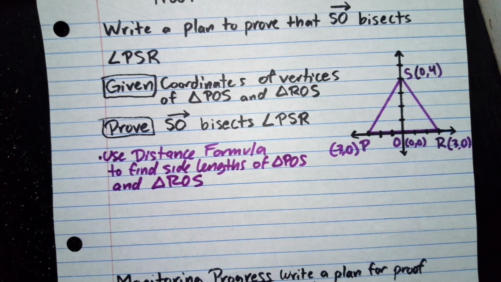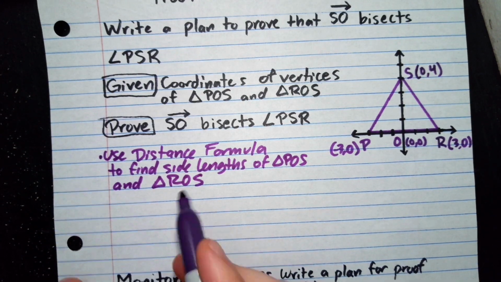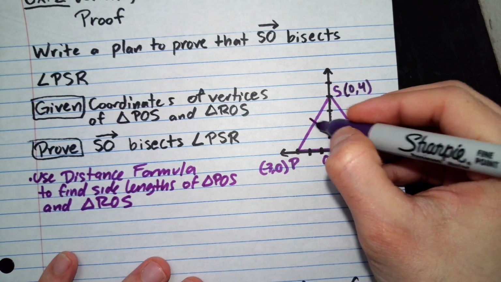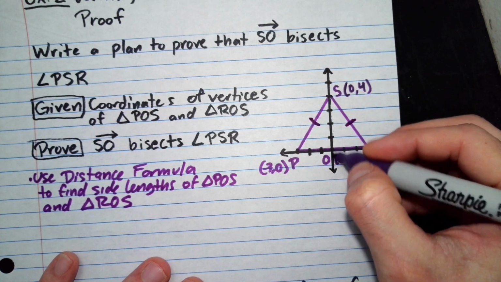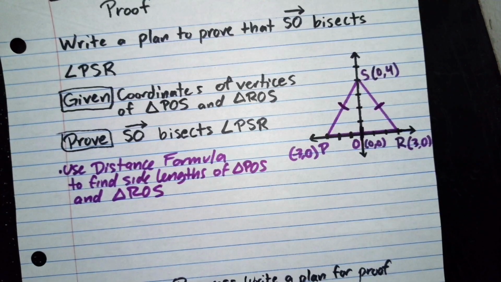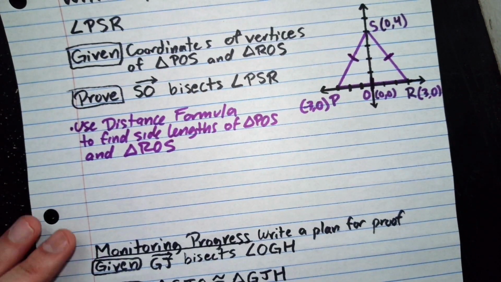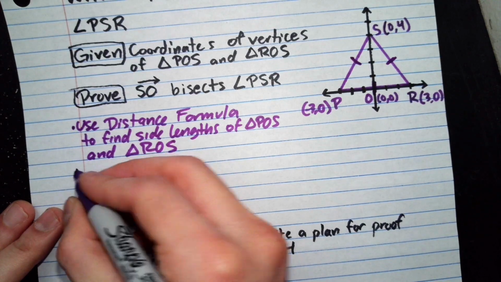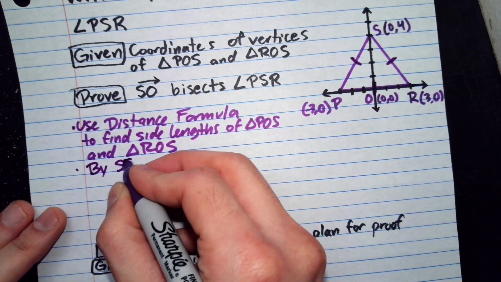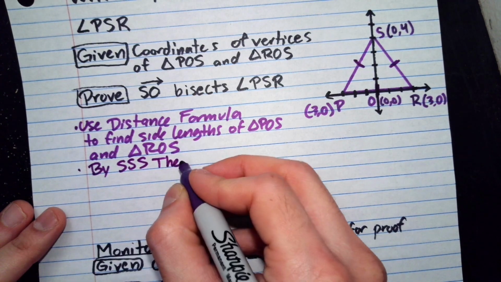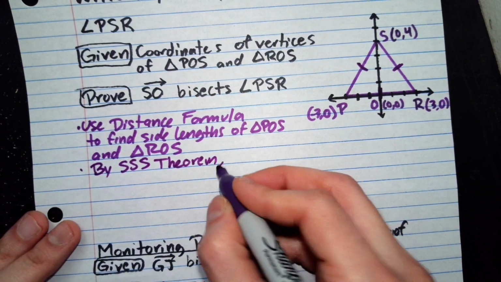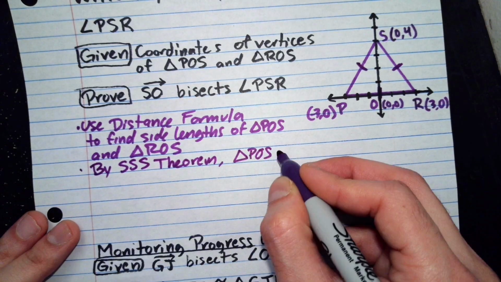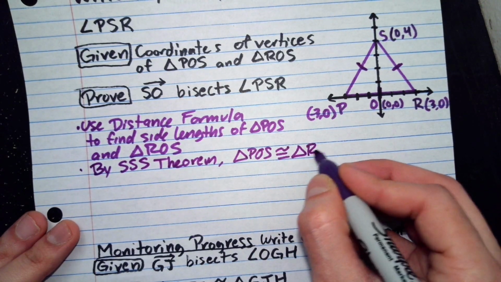Right, so if we do that, you're going to notice that all of the sides are actually going to be congruent. Right, so then after using the distance formula, we figure out that this length and this length and this length right here have to be congruent. So once you know that all of the sides are congruent, we can say by SSS theorem, triangle POS is congruent to triangle ROS.